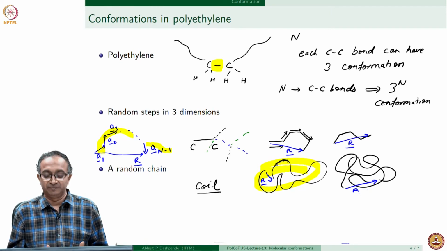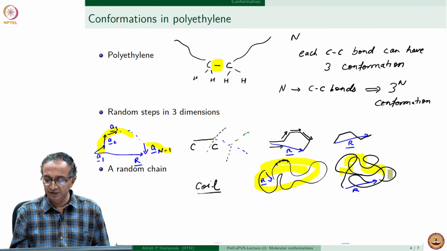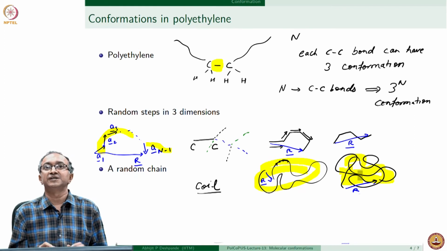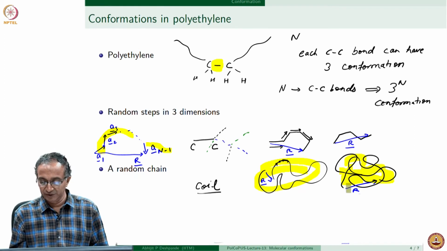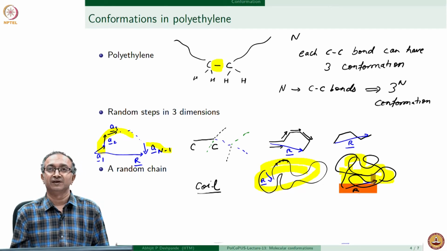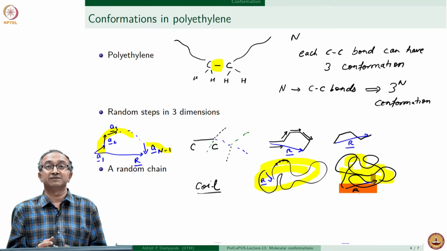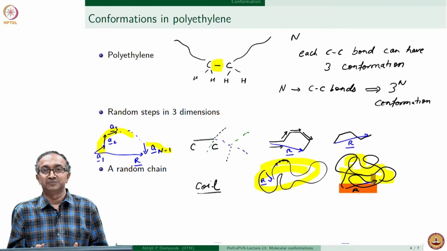Another important thing that you can notice is that when I drew the chain, it's extremely long, but the end-to-end distance is very small. End-to-end distance, in fact, is much smaller. This is due to the coil-like nature of the macromolecule, or because it's a very flexible object.